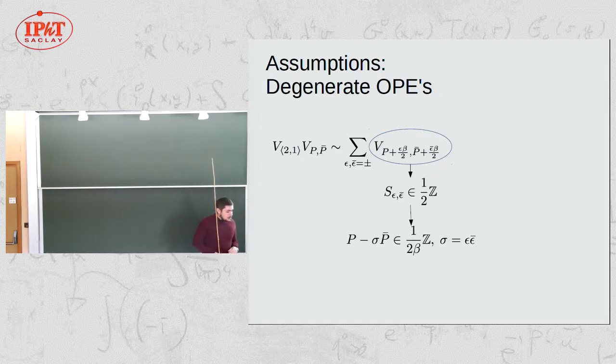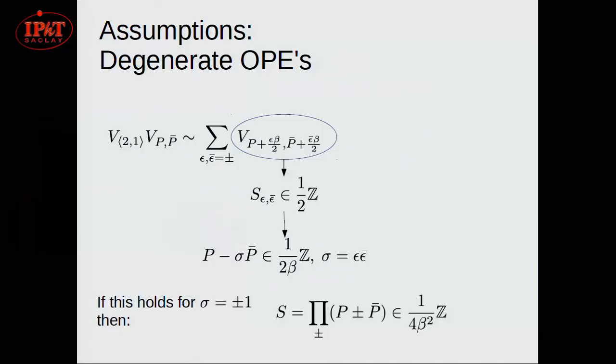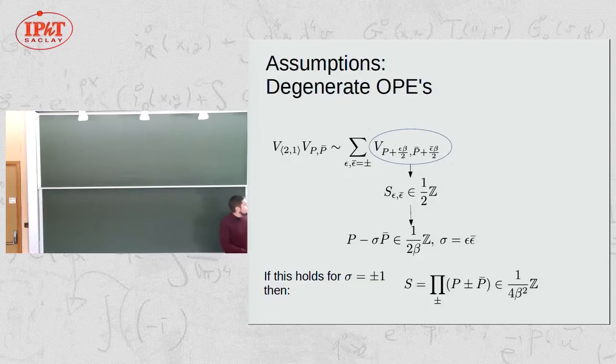So if we want to retain the 4 terms in the OPE, we need that this condition is valid for both values of the parameter sigma. And this in turn would mean that the spin of the original field B here should belong to this set, 1 over 4 beta squared times the integers.